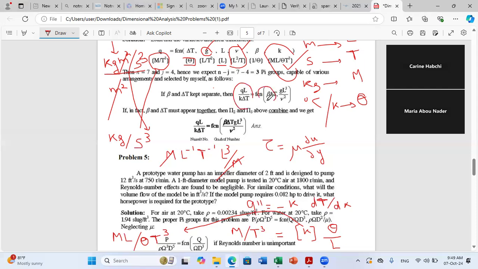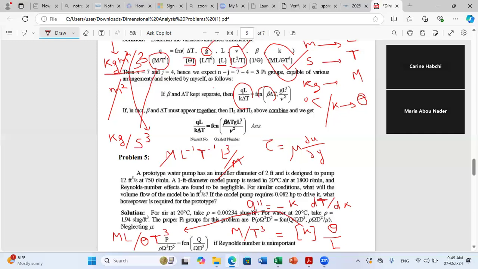Here for the independent variables, you should, for example, take three. Actually, not only three, you can take four, Maria. Why four? Because now you have an additional dimension.